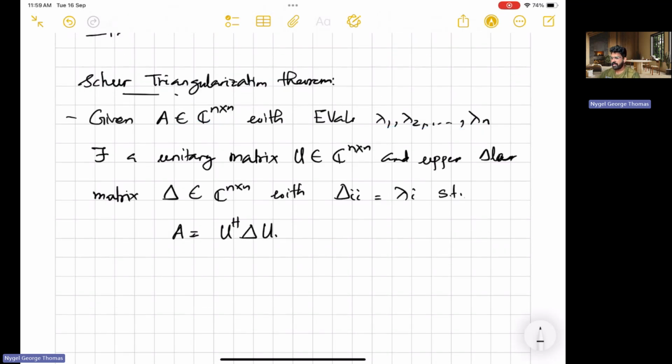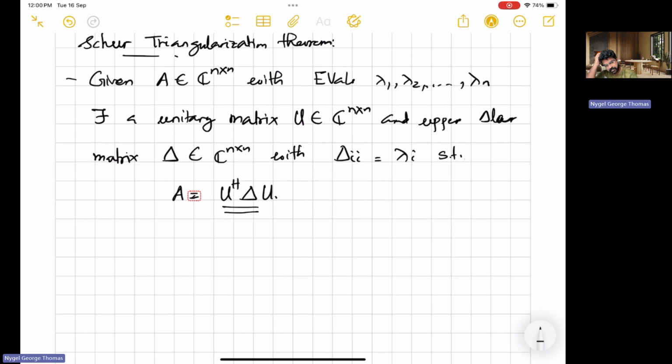We have a square matrix A in the complex domain with eigenvalues lambda 1, lambda 2, etc., lambda n. Then we can express this matrix as a product like this: U Hermitian into an upper triangular matrix into U, where U is a unitary matrix and the diagonal elements of the upper triangular matrix are the eigenvalues of A. Okay, we'll prove this later.